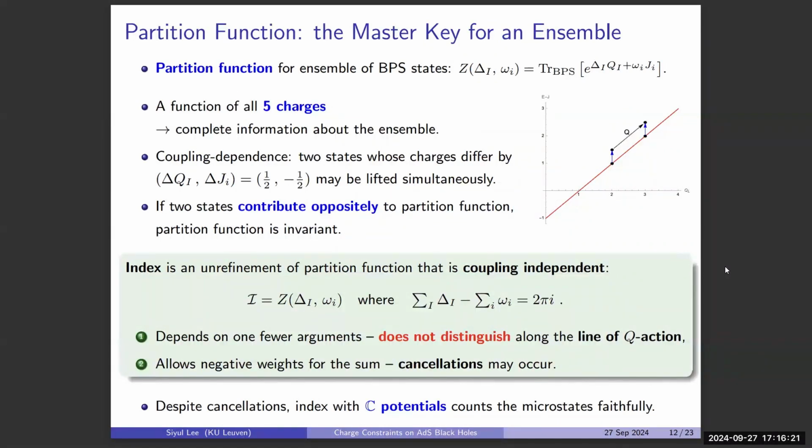I am actually only counting over the BPS states, but I was just arguing that even if you don't, this coupling independence of the index will work. But for the prescription that is to come on the next slide, you really need to sum over only the BPS states. So it's a BPS partition function.